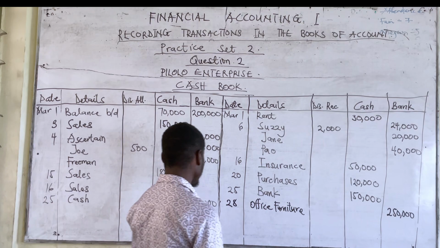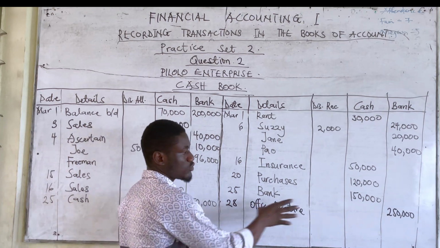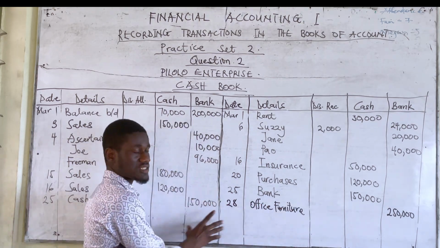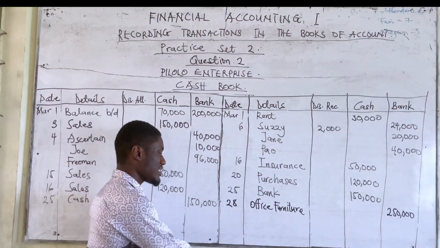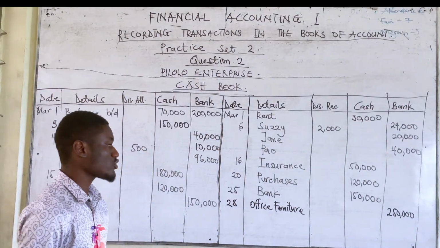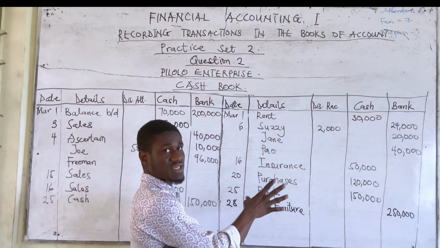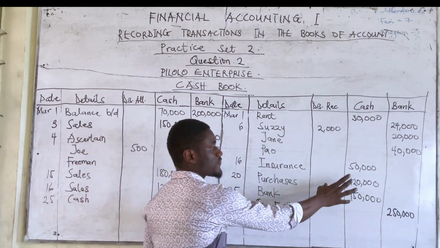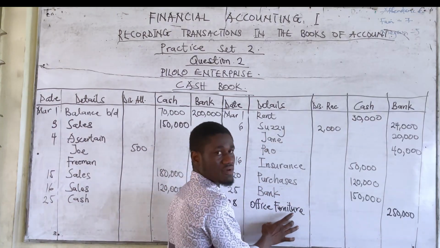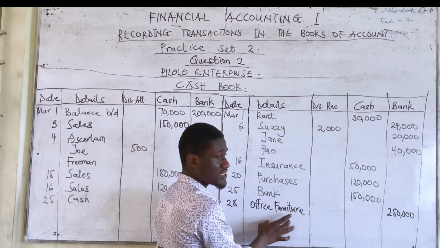So that means that we are going to repeat the totals at both sides. You get it? Because the greater side or the bigger side is what we are going to repeat at both sides. So the shortfall will be here, so that this is where we are going to see our balance CD, the difference.